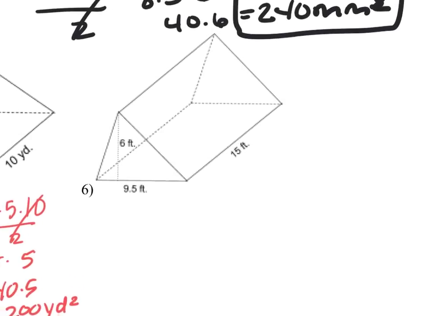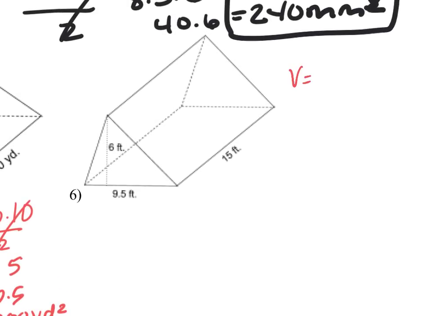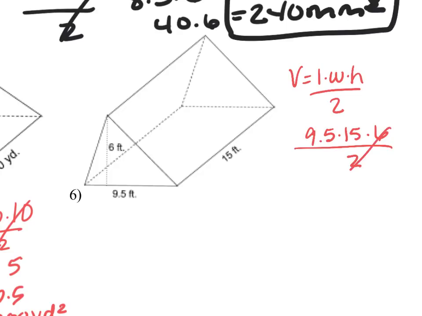And then my last one, length times width times height divided by 2. And we're going to say 9.5 times 15 times 6 divided by 2. Guys, it doesn't matter the order because multiplying, it doesn't matter which one's which. So I'm going to make that 3 times 15 times 9.5. And then I'm going to make this 45 times 9.5.